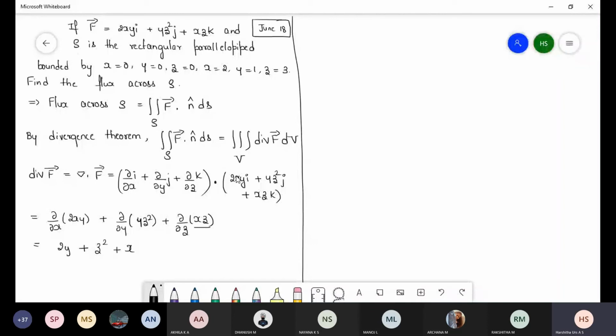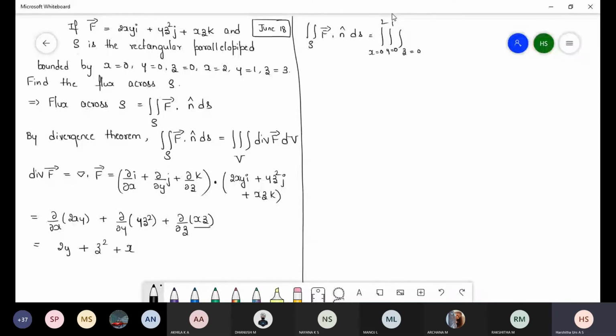Now, after finding this, let us see the next step. The double integral over the surface of vector F dot n cap ds becomes a triple integral. The first limit varies from x is equal to 0 to 2, second, y is equal to 0 to 1, third, z is equal to 0 to 3.